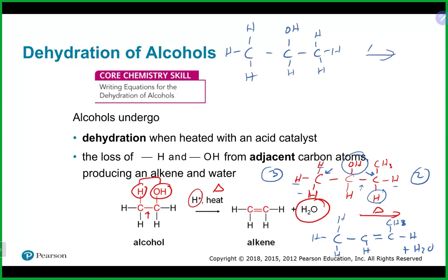And again, you heated this thing up. We will definitely take off the OH here. Now we go to the carbon on the right. It has 3 hydrogens. Carbon on the left has 3. It doesn't matter which one you take the hydrogen off of in this particular case.